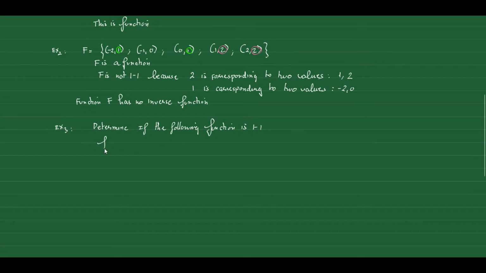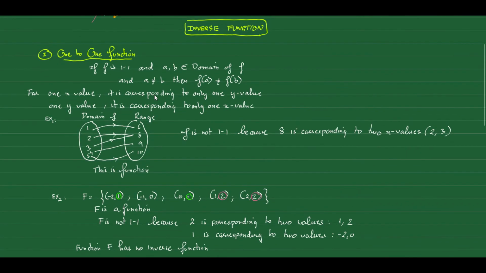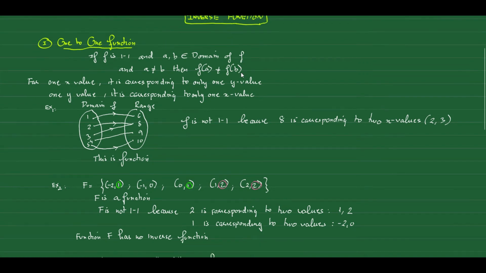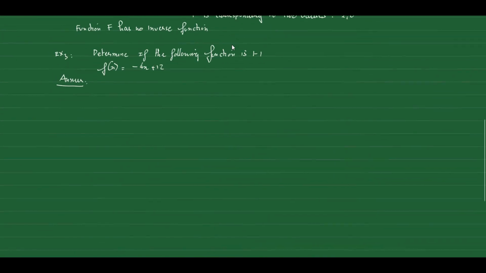Let me give you this: f of x equals negative 4x plus 12. According to the definition of a one-to-one function, if a is different from b, then f of a is different from f of b. So I just pick two values, a and b, that belong to the domain.